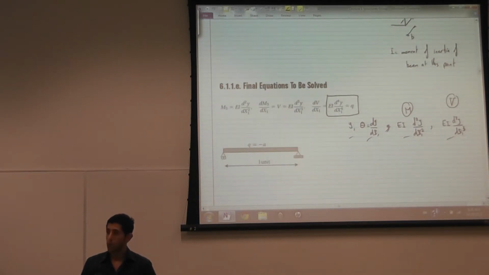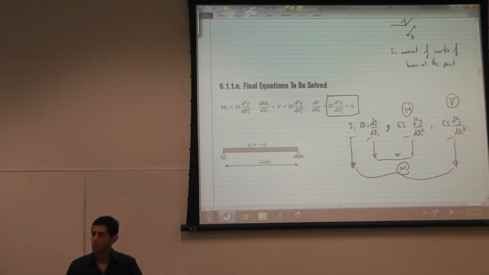And usually, at any point, the boundary conditions are given in terms of y or shear at any point, theta or moment.